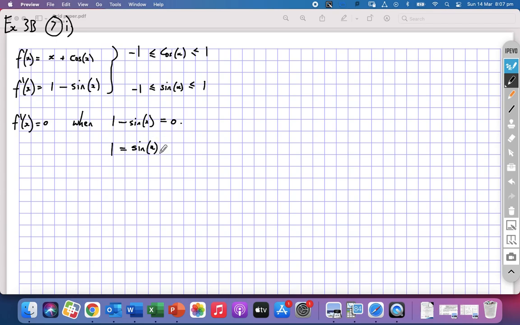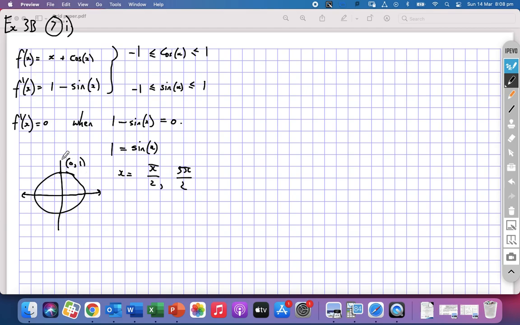So where does sine x equal 1? I could draw a little unit circle. I know when sine x equals 1. It's here. See it on a unit circle, so that's pi on 2. So I could say, well, when x equals pi on 2, and then I could keep going around the circle. Okay, 5 pi on 2.